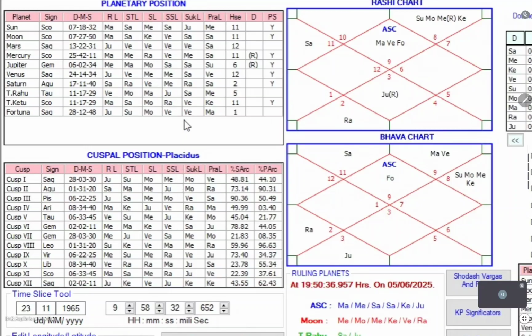So if you just look at the various sub-sublords, this is how you need to calculate. You need to find out. The rule for finding out the planets is that all planets in the star, sub and sub-sub of Saturn can be ascendant sub-sublords.